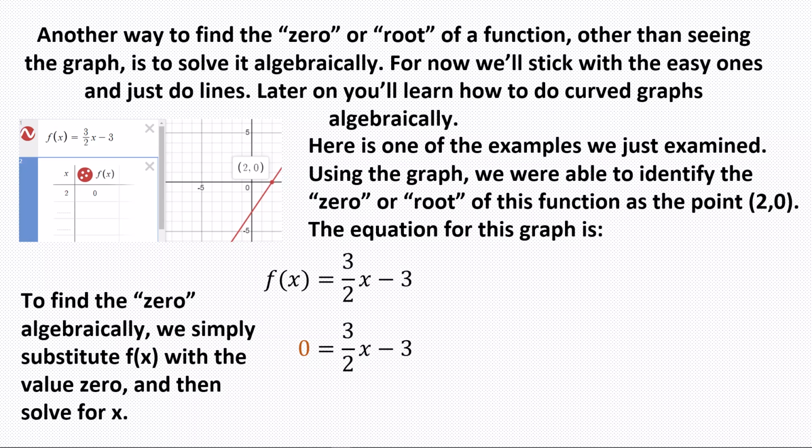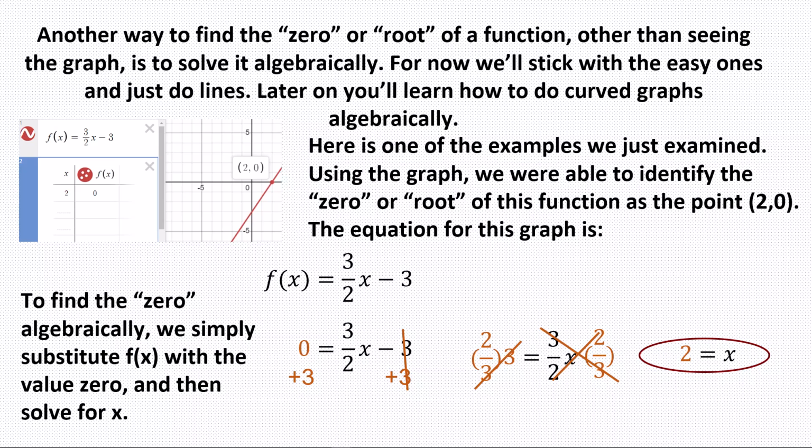So we get 0 equals 3/2x minus 3. We add 3 to both sides to get 3 equals 3/2x. We multiply both sides by the reciprocal of 3/2, 2/3. And we get 2 equals x, which matches the point 2, 0 we found using Desmos.